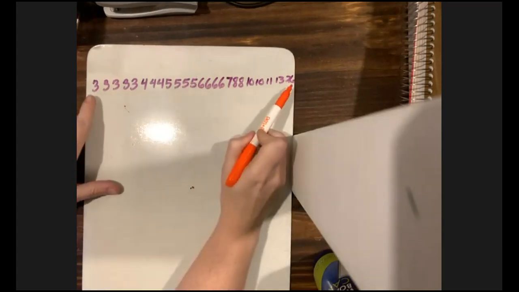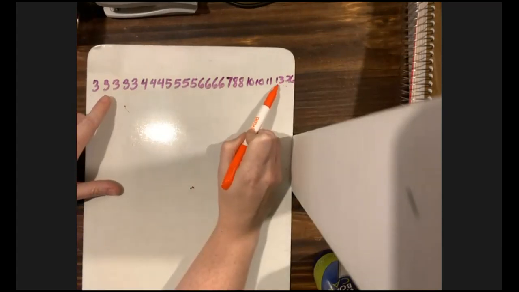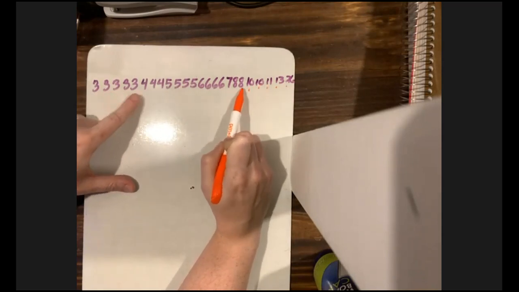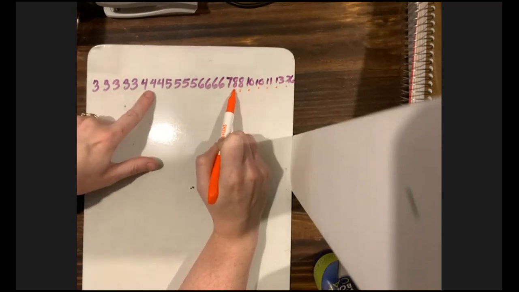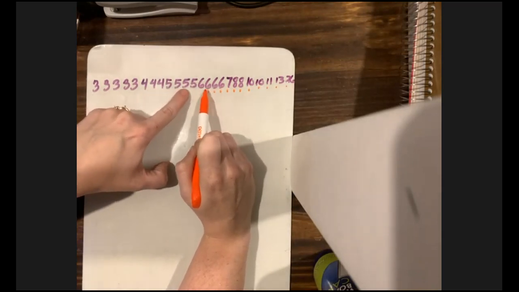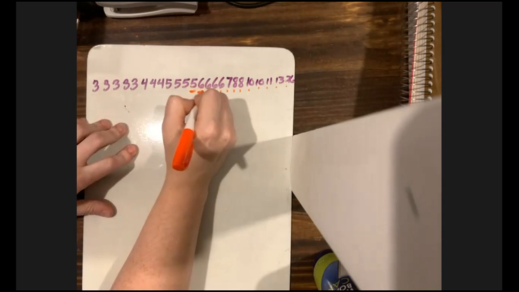Now, the first thing that we're going to do is start by finding the median, okay? So I'm going to work my way towards the center here. Okay, so it's going to be right here between these two, okay?